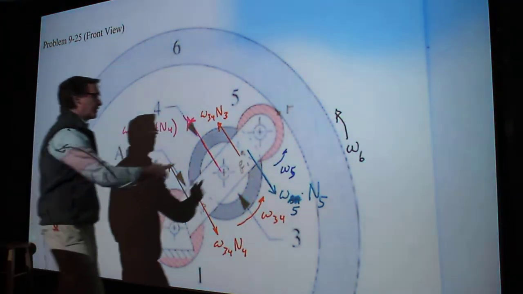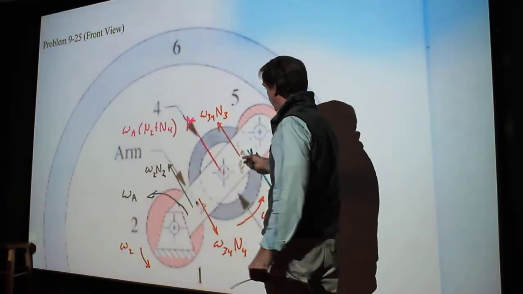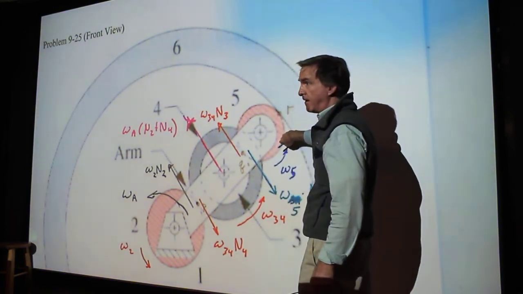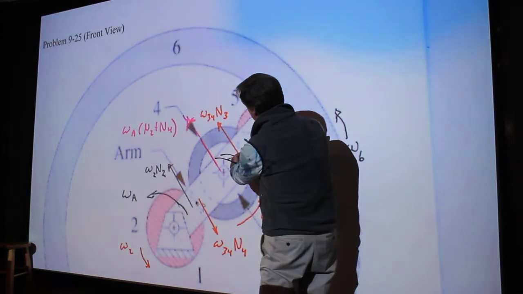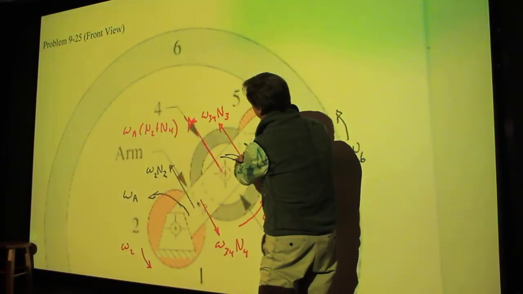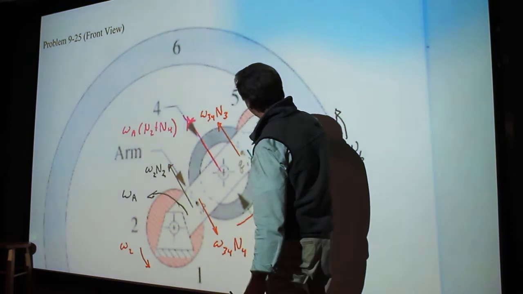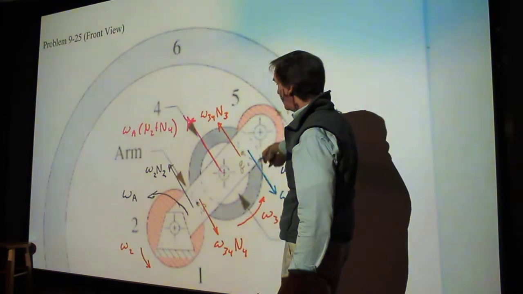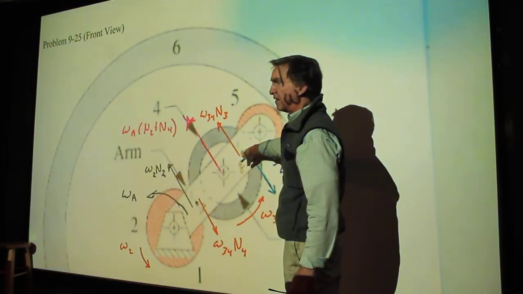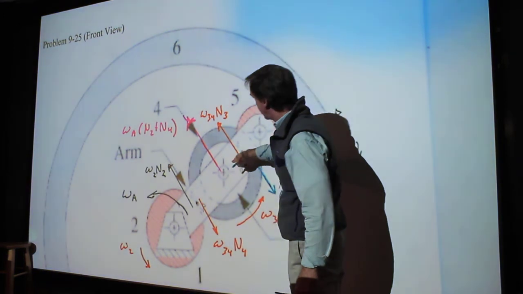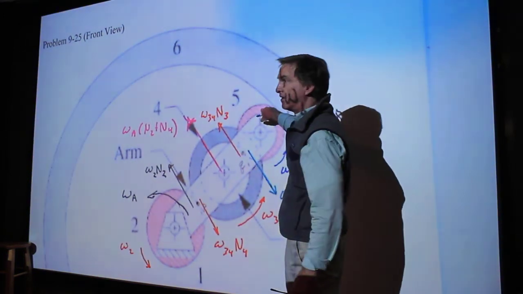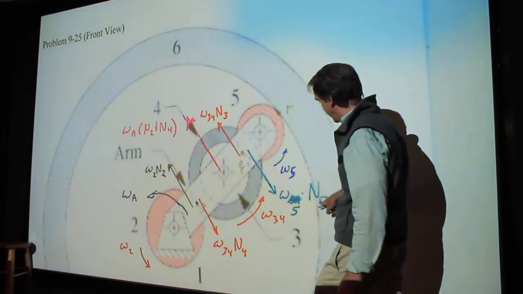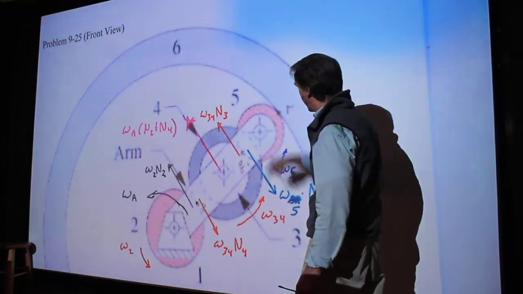Because now we're on this side of the pitch point. But don't they overlap? The 4 and 5? No, 3 and 5 touch. Oh, Q is the pitch point between 3 and 5. So we have omega 5 times N5 because we guessed omega 5 going like that.